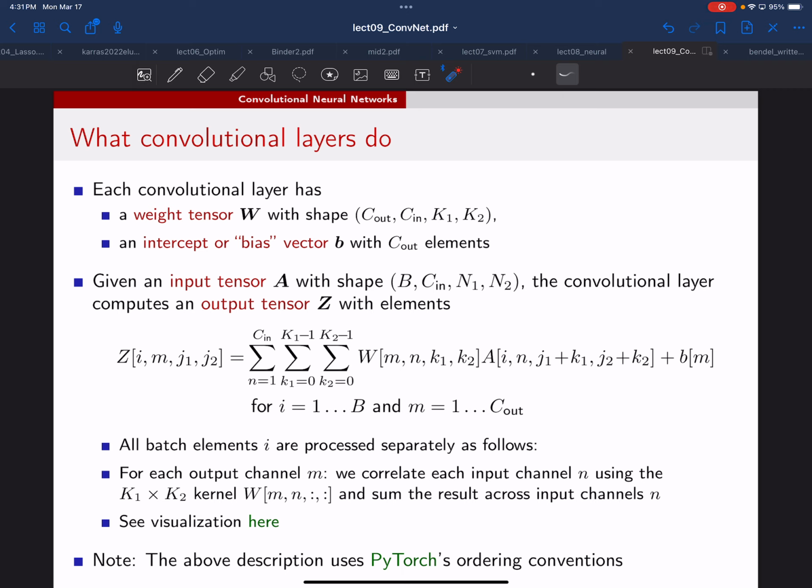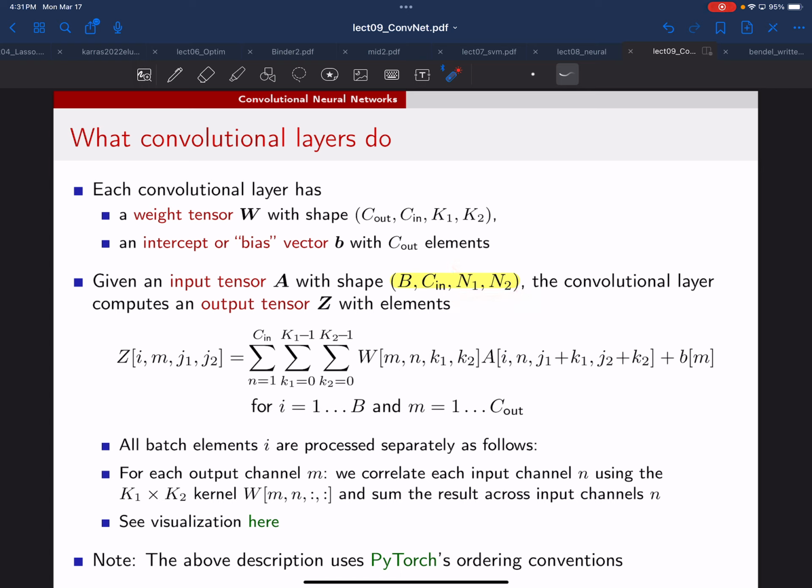And so this is sort of a generalization of what we talked about before, where now we have different batch elements and different channels. It turns out that the batch element aspect is pretty easy because you just process every batch separately and in parallel. So as you can see, this is the output of the convolution layer. This has the same structure as we would expect for the input tensor shape: number of elements in the batch, number of channels at the input, number of vertical and horizontal pixels.